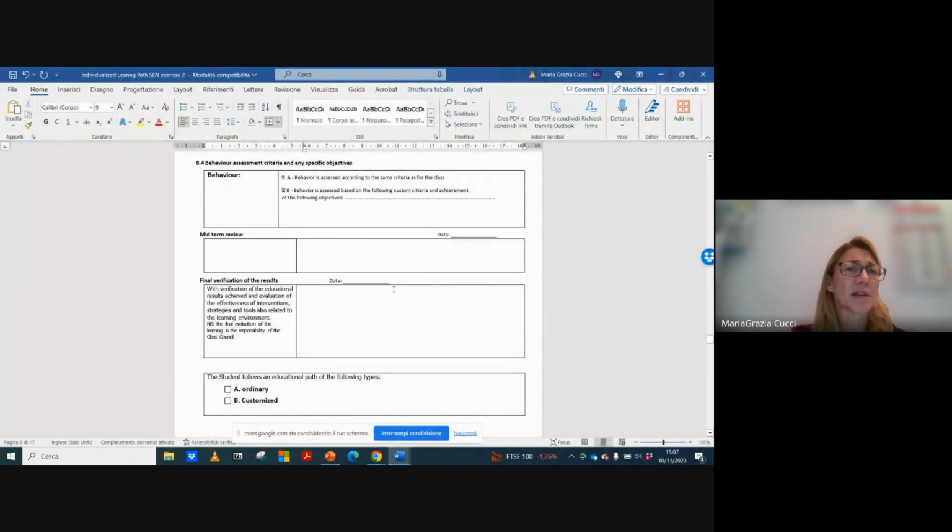You have a specific part on the behavior assessment. Behavior is assessed according to the same criteria as for the class, or is based on the following custom criteria. Of course, if you know that this specific student has some behavioral, I don't want to say problems, situations, you have to consider them in the assessment.